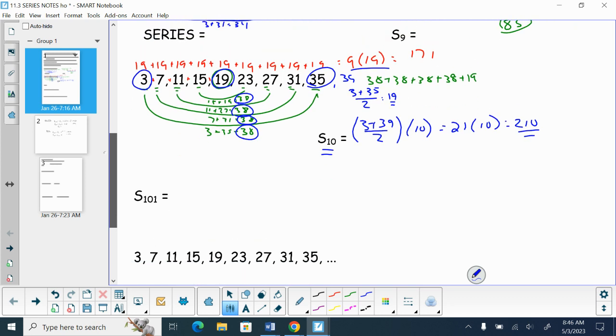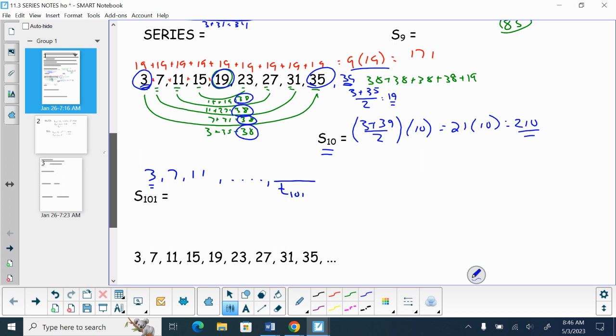But the key is I need to know what is my first term, and I need to know what is my last term. Well, what if I said I want the sum of the first 101 terms? My first term is still 3, but what I need to find is what is this term 101?